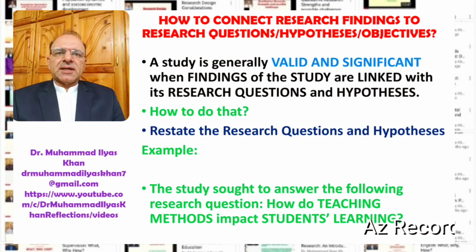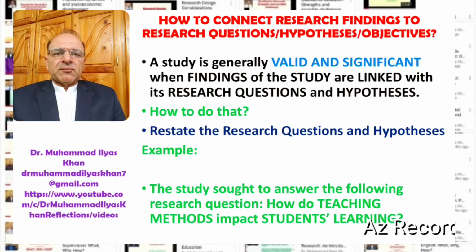So the first thing that we need to do is to restate our questions and hypotheses or research objectives, so that we can once more indicate and bring back the reader to what our research was about and what questions it was supposed to answer, or what hypotheses the data has to respond to in terms of accepting or rejecting.